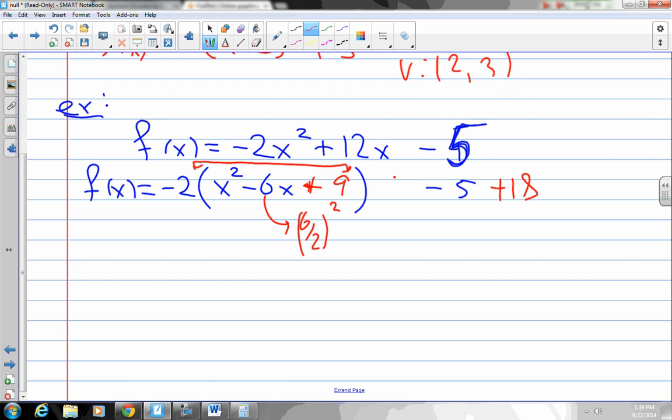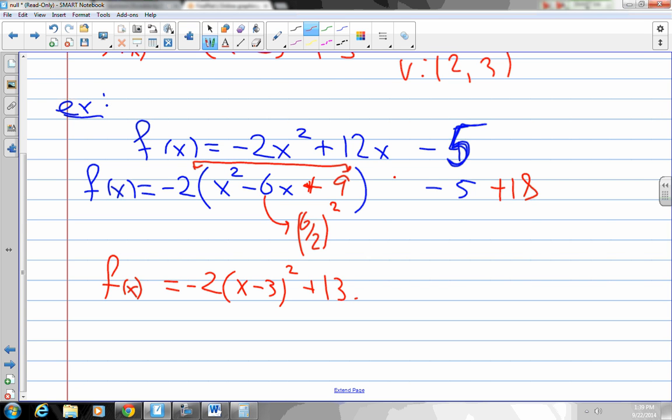So then the rest is -2 times x minus 3 squared plus 13 when you combine like terms. So now that's in a happy form. Now you can clearly see the vertex.